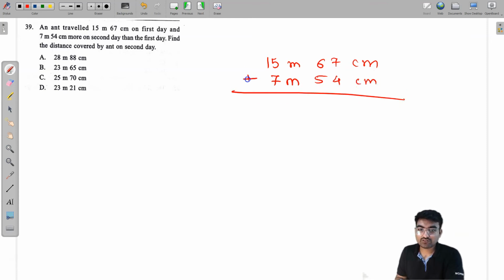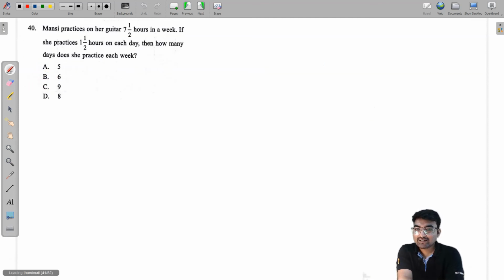Correct. So if we add this, we'll get the total distance covered on second day. So 7 plus 4, 11, carry 1, 6 plus 6, 12, so 2 carry 1, 15 and 7, 22 plus 1, 23, so 23 meter and 21 centimeter. That is option number D, right?